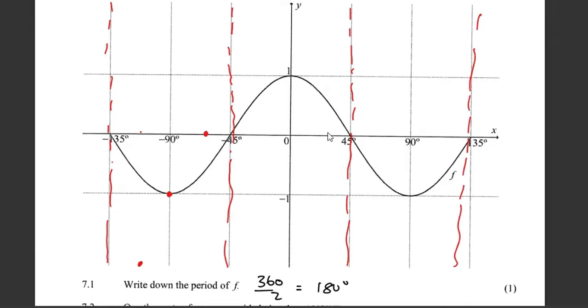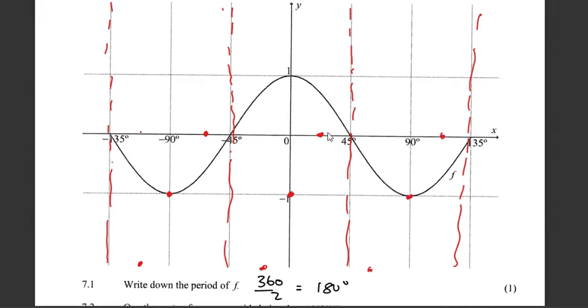So between negative 45, what do I have? I have a negative 2 at this point. And then at 0 is a negative 1. And then I'll have my 0 there. And then after 45, which is negative 2 again, I'll have a 0, and then I'll have that.